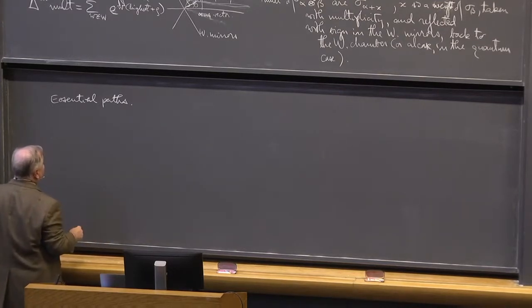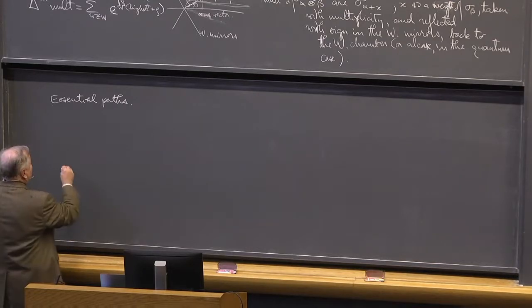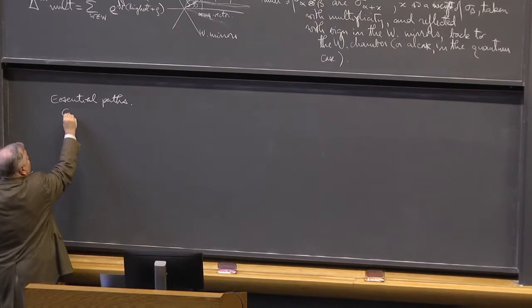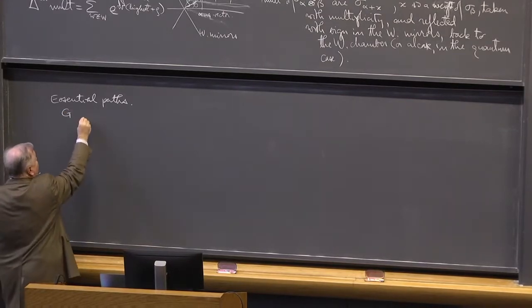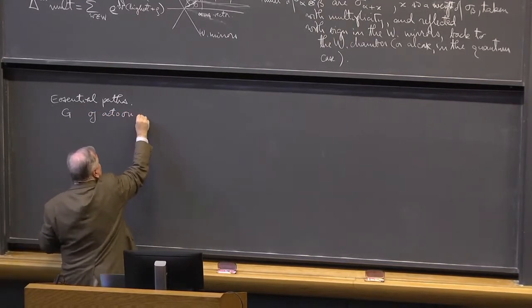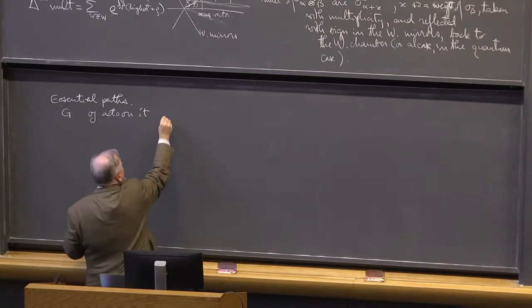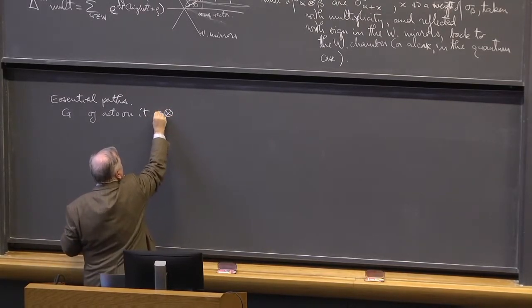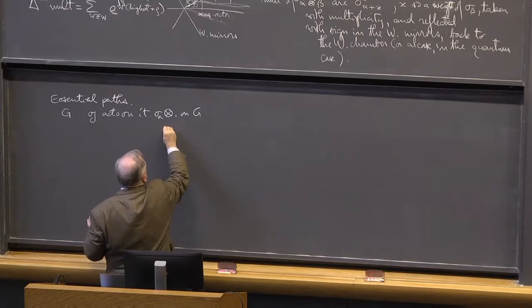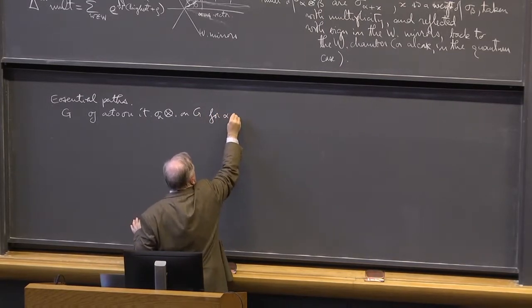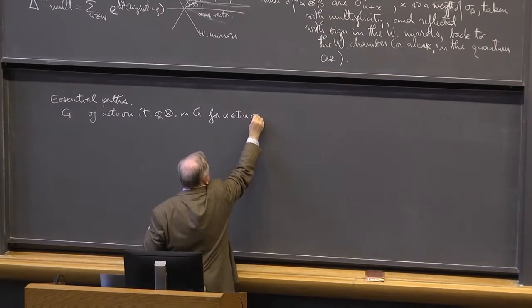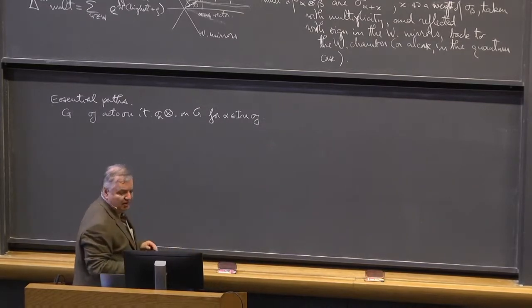Now, for the essential path, we have a graph G, on which the algebra G acts. So we have tensoring on the graph G for alpha in the irreducibles of the Lie algebra G.